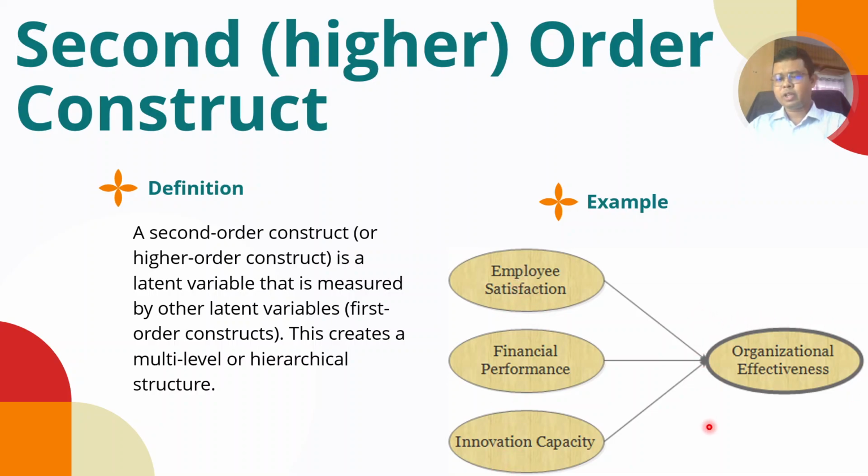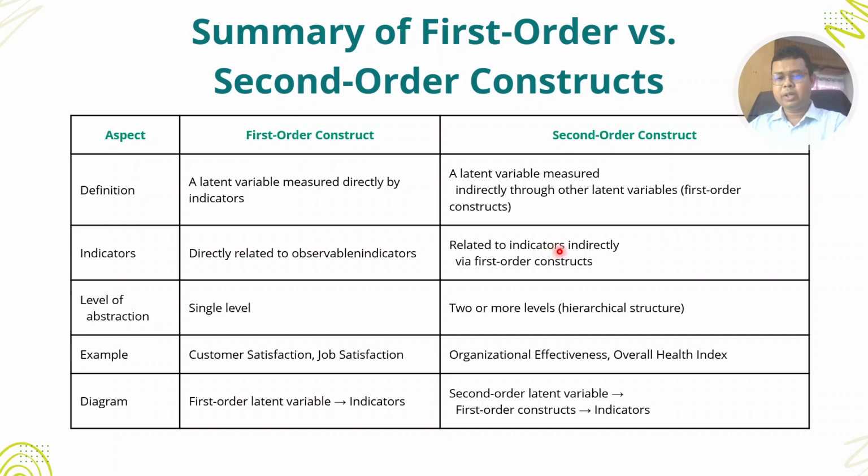But when you construct this second order construct, where is the measurement item? Without the measurement item, you cannot do the analysis, right? So this factor has no measurement item. But what you do is all 13 indicators will be situated under this construct, right? So that is why it is related to indicators indirectly via first order constructs, right?